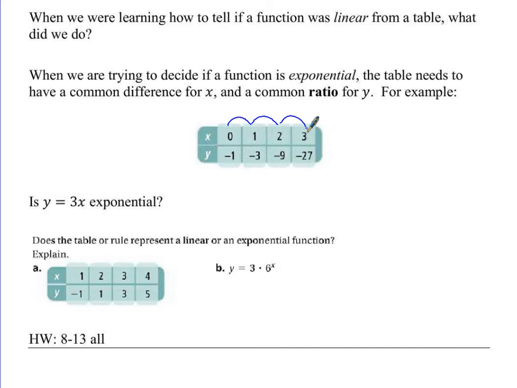And then we said, how much does y change each time? And if we change the same amount in x and the same amount of y each time, then we had a linear function. We were checking change in y divided by the change in x. Basically, we're calculating the slope.